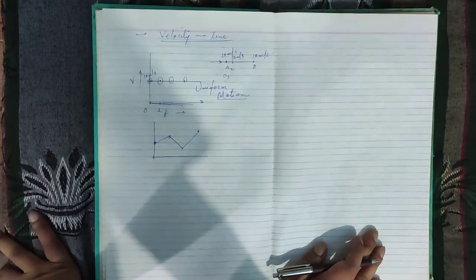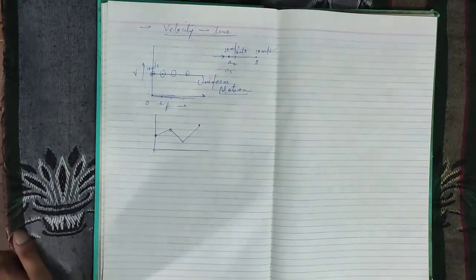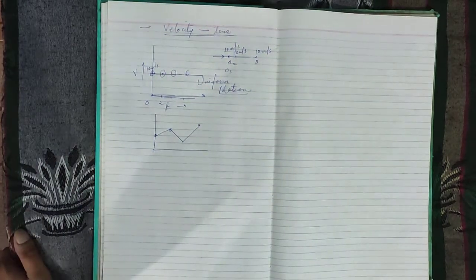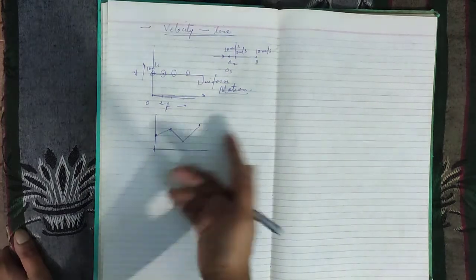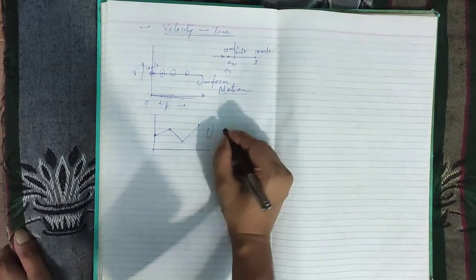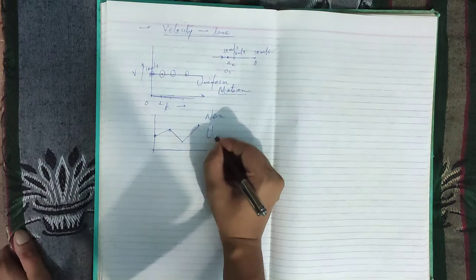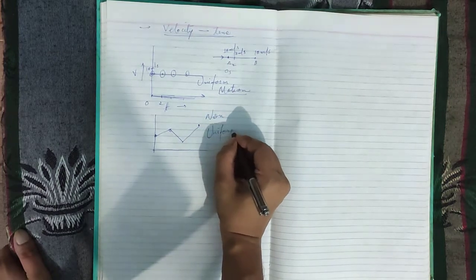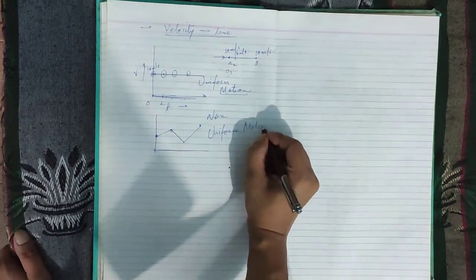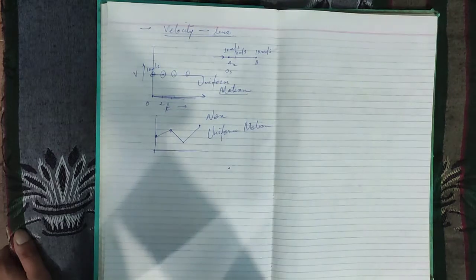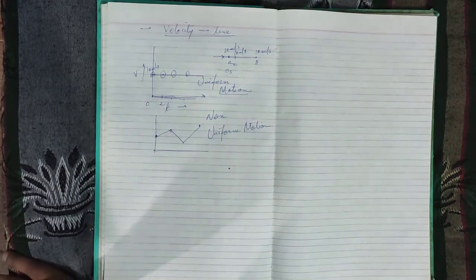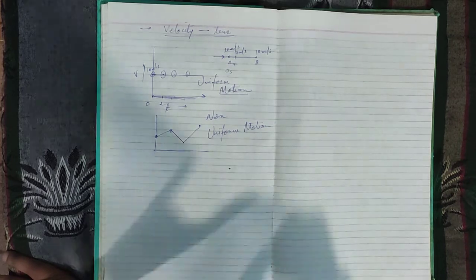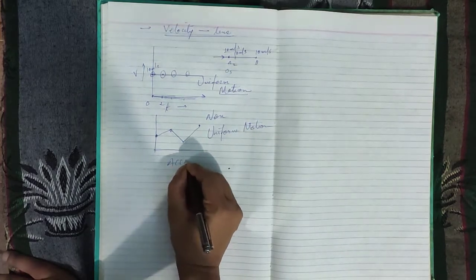So the velocity has changed with respect to time, and such a graph is non-uniform motion because its velocity is changing. If the graph is not a straight line, then it is non-uniform motion. Very simple.